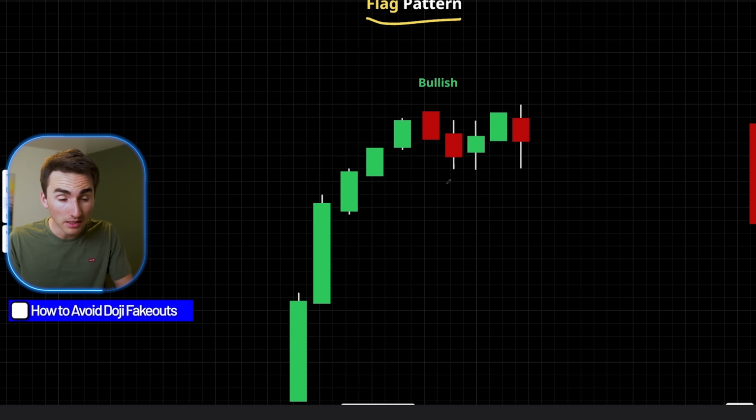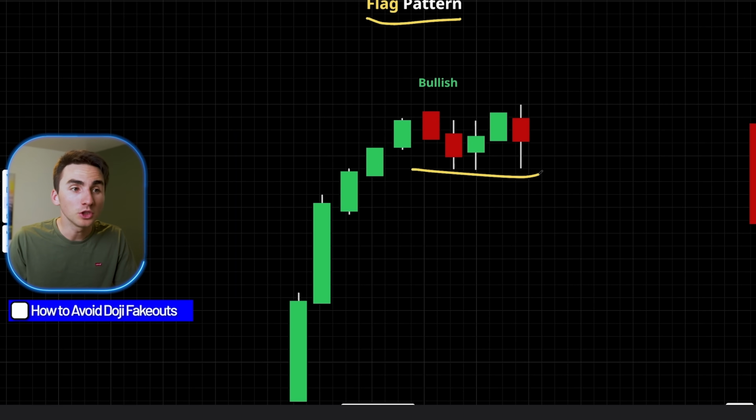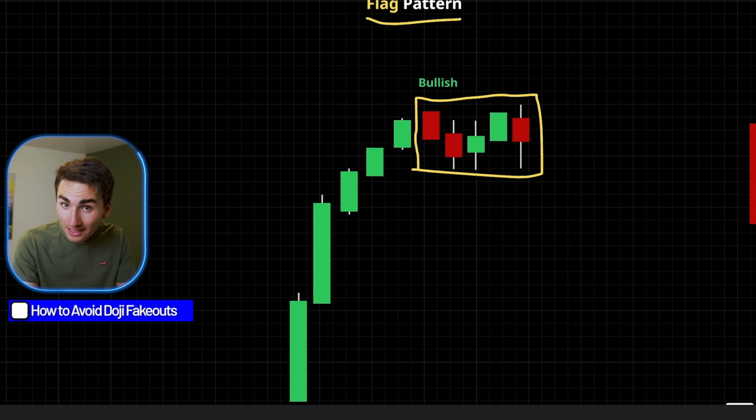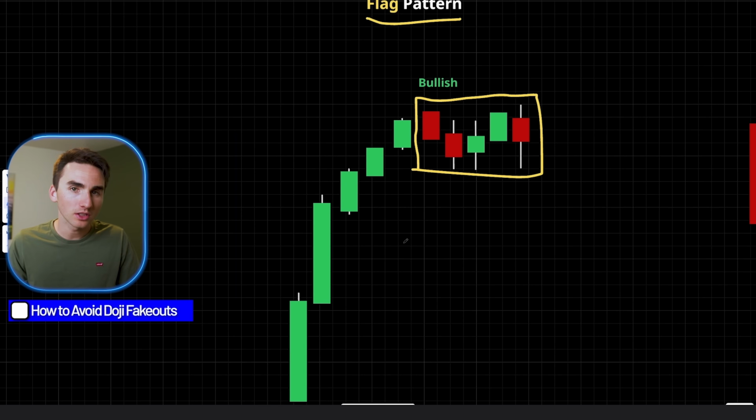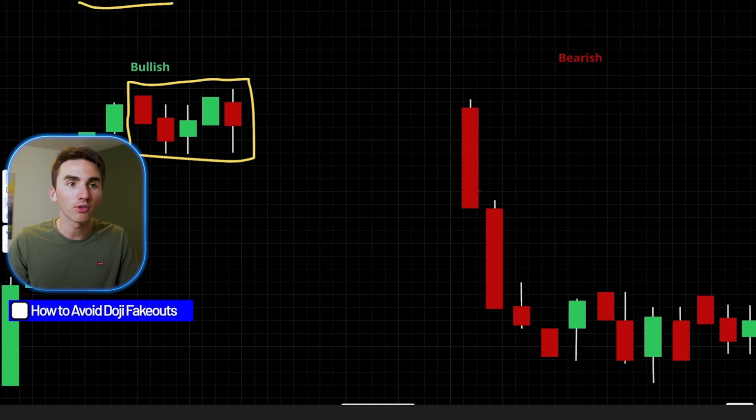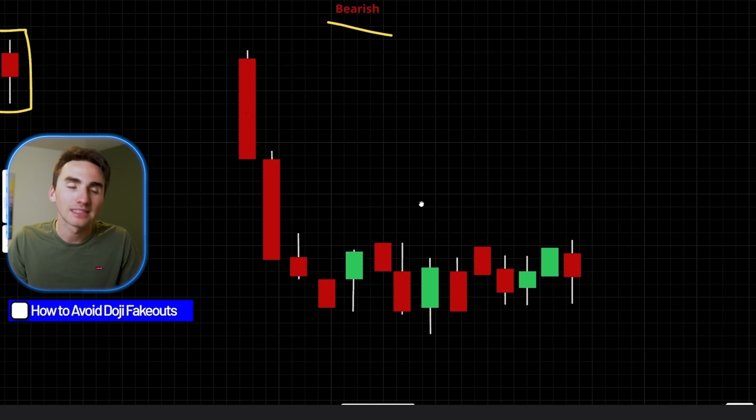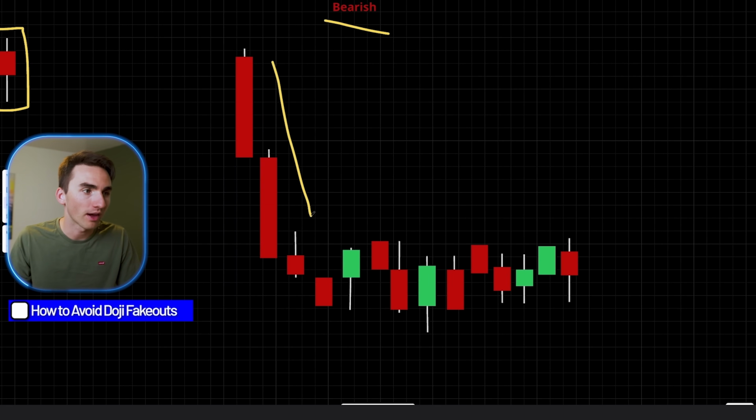But what will often happen is you'll start to see dojis here when it flags out. And dojis are okay if there's a couple of them, but once there become too many, you can start to get trapped. If we flip over to the bearish version here, it's the same thing to the flip side, where we have a strong momentum to the downside, but then it starts to go sideways.